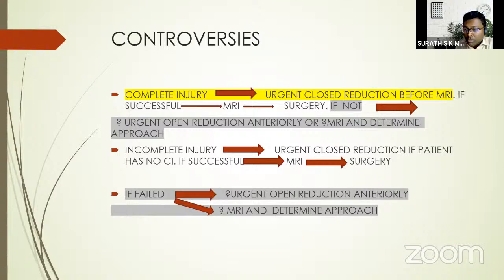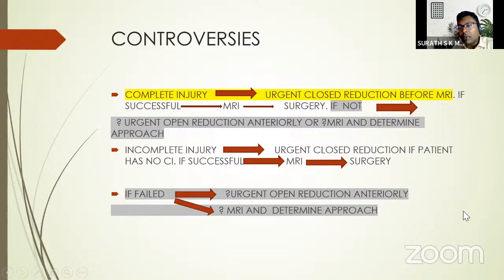Are we going to do an MRI, or go for an urgent open reduction? There is a little bit of controversy, a gray area, either to go for urgent operation, urgent reduction, where usually we prefer the anterior approach, or go for an MRI and determine the approach.